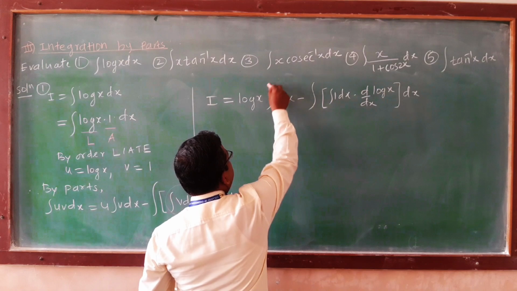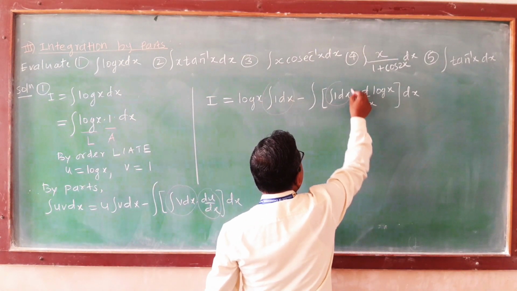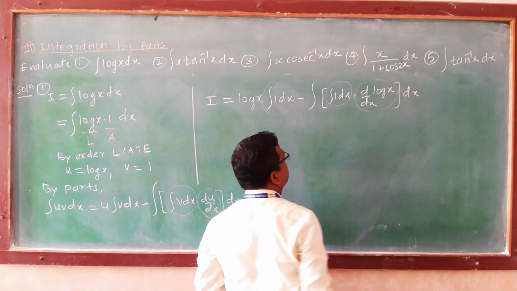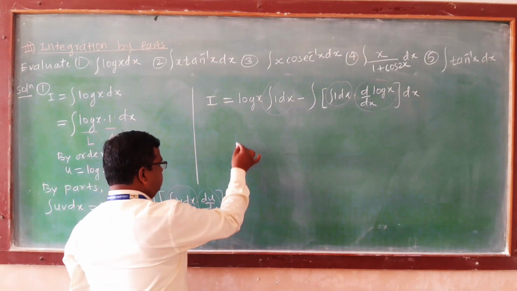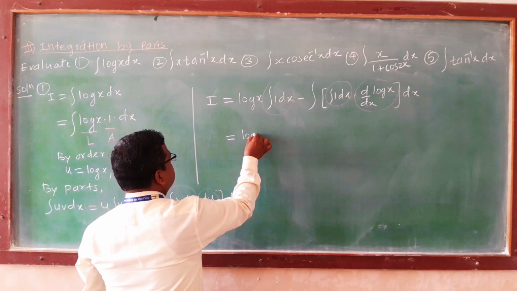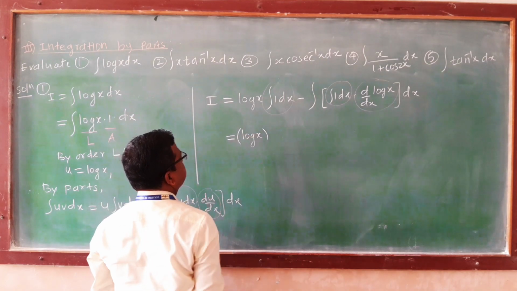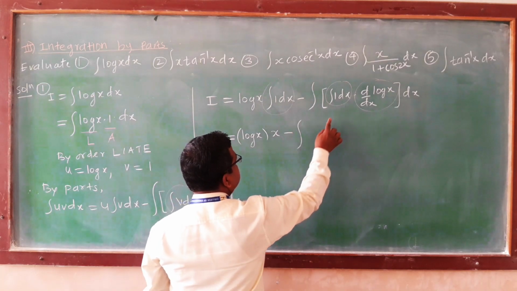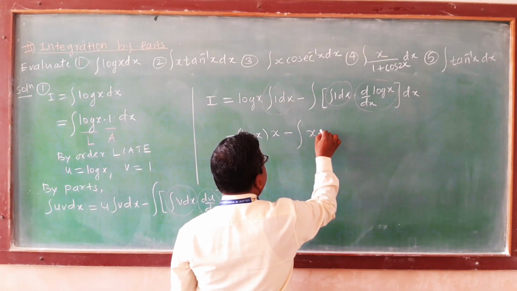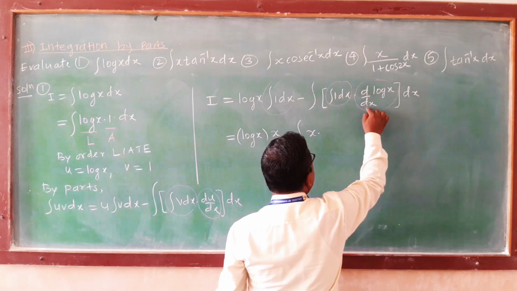Now we write the values of this integration of 1 and derivative of log x. So these are standard. Which is equal to log of x, integration of 1 is x, minus integration of 1 is x into d by dx of log x.